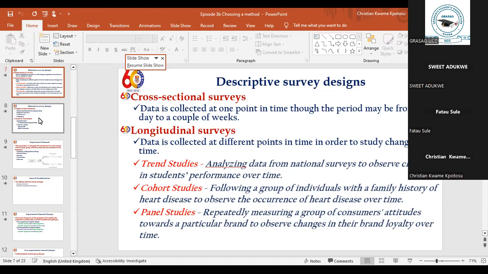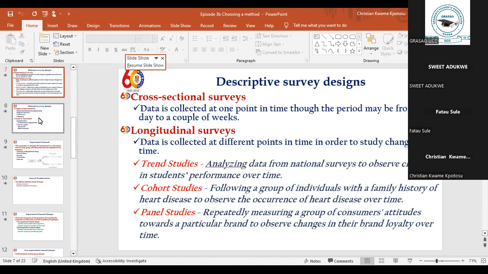Let's say WASSCE performance of students. Every year, there are different students that pass through the WASSCE system. But at the end of the day, we compare the performances of these students on a trend to see how they are performing, even though the samples are different for each year.